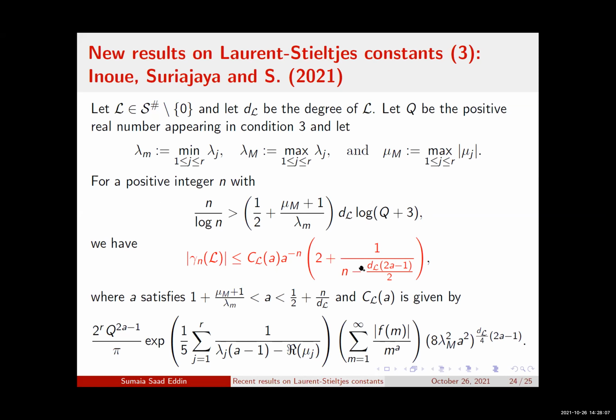We have many definitions here about the degree of L and other things, and I don't really want to speak a lot about them. In this presentation, I just want to show you that we now have more information about Laurent-Stieltjes constants in general L functions, which include many functions.